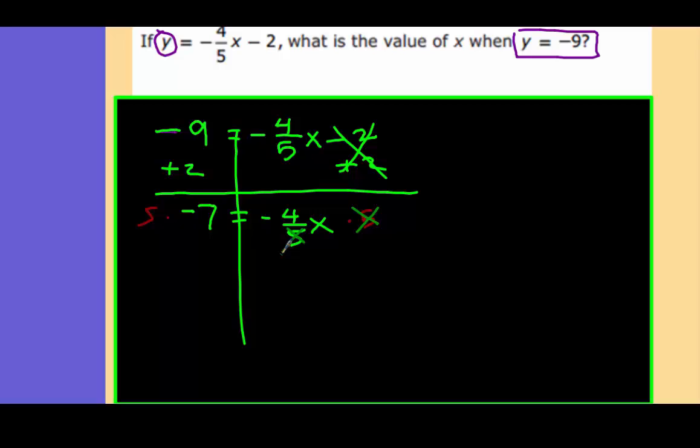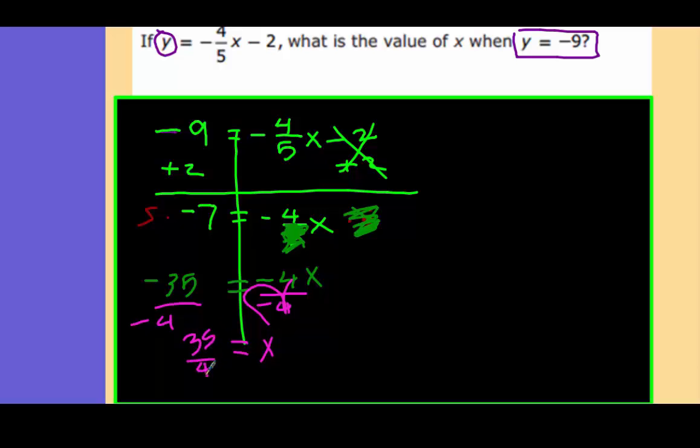Now we have no more fraction, because we cleared the 5 already. What is left over here is negative 4x. Last, you divide by negative 4. So the answer for this is 35 over 4.